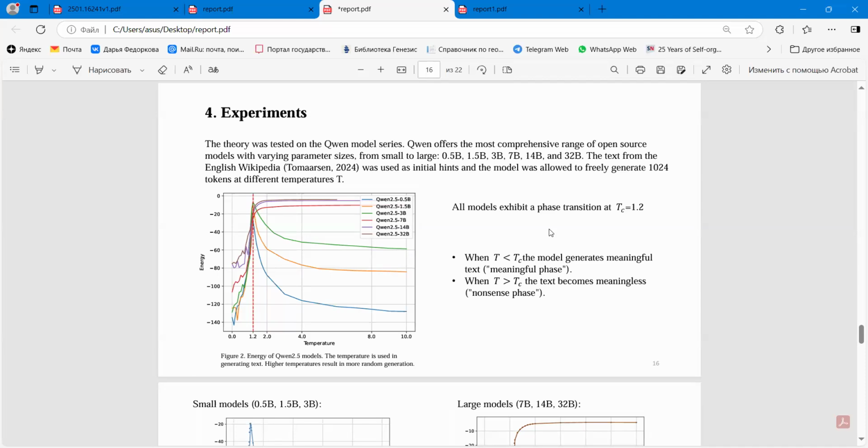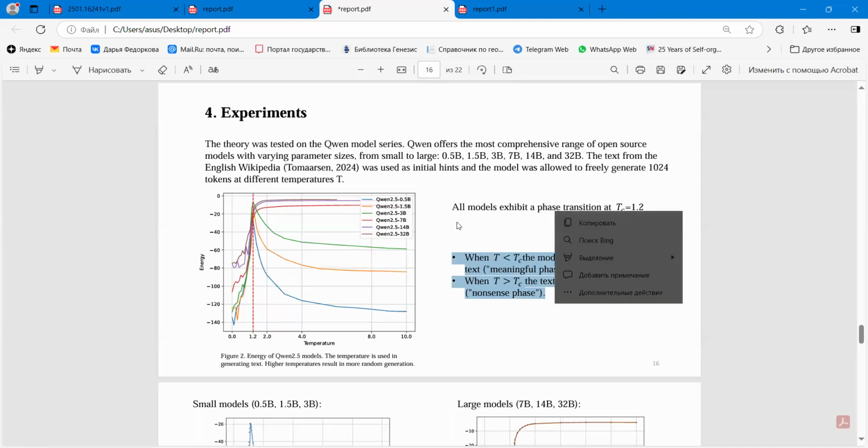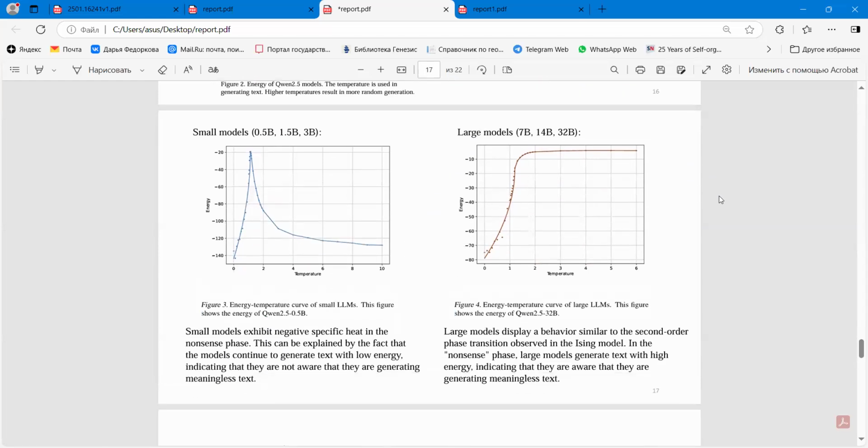Maybe this part is not so clear right now. You can't understand this right now, but the last experiment of the authors can explain what these results mean.